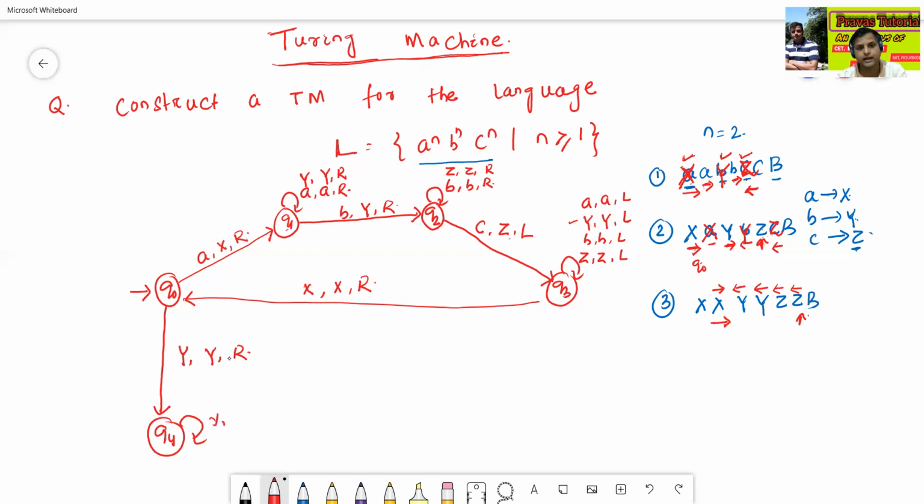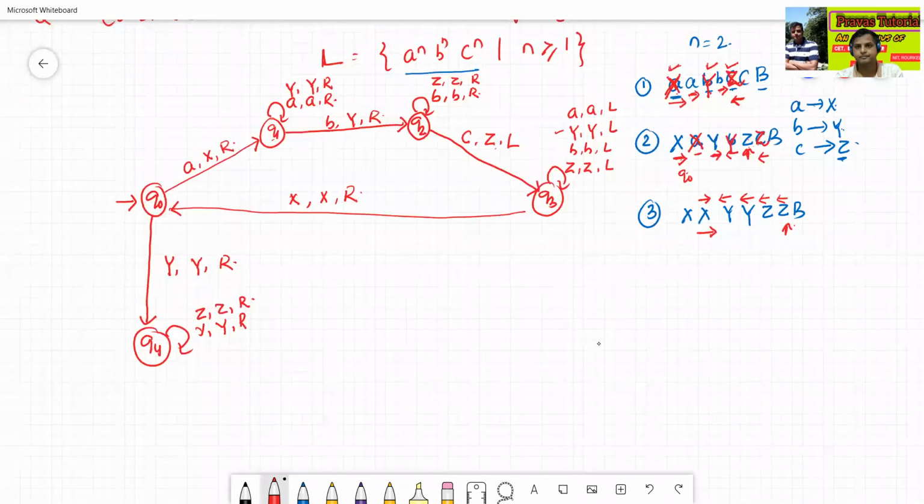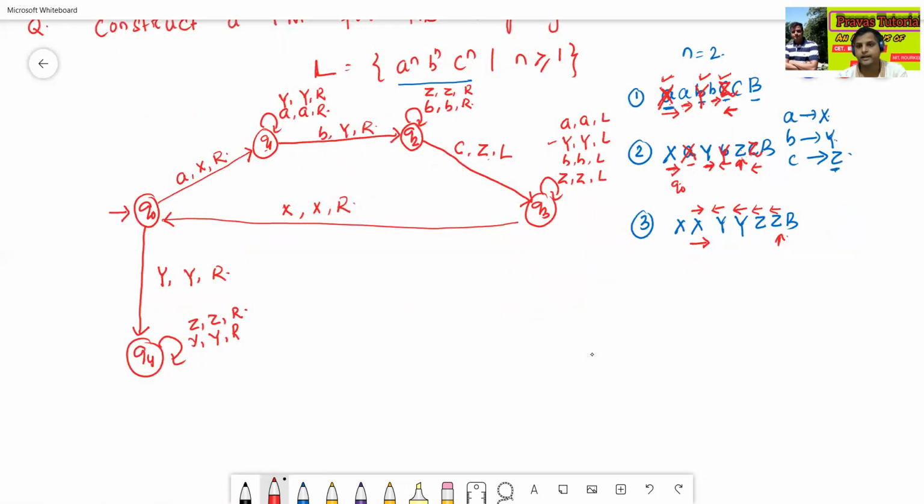So Y, R, and there may be many Z's, so Z, R. Q4 keeps all Y's and skips all Z's.